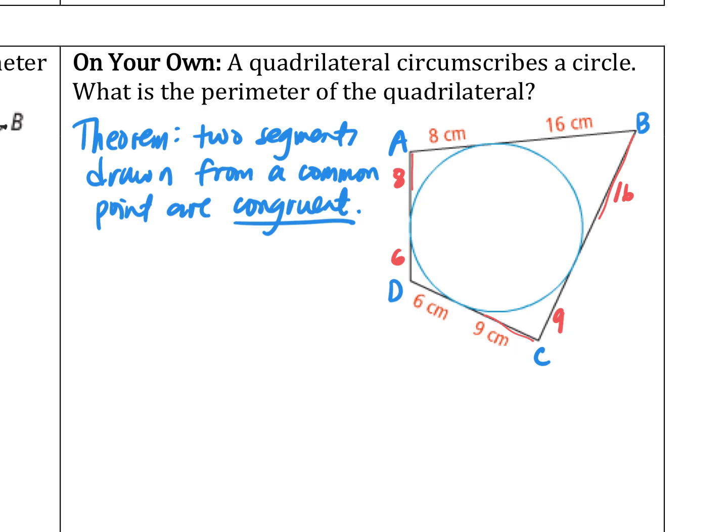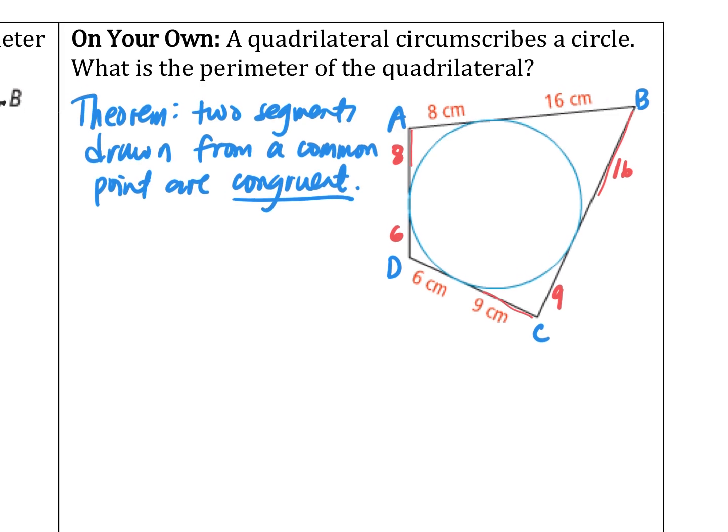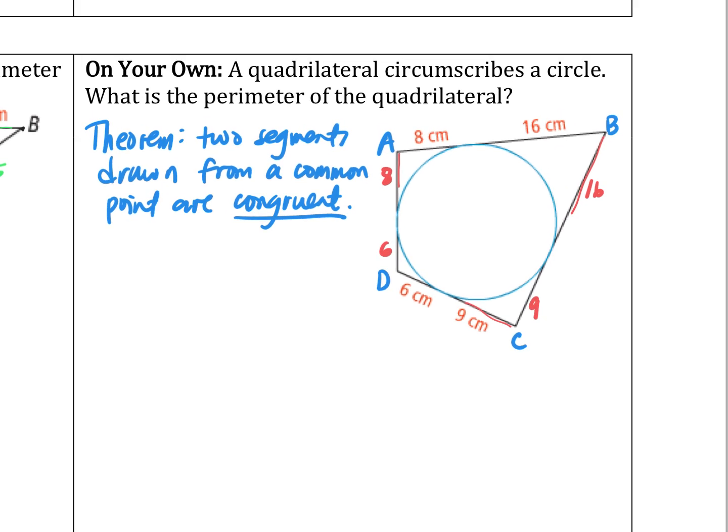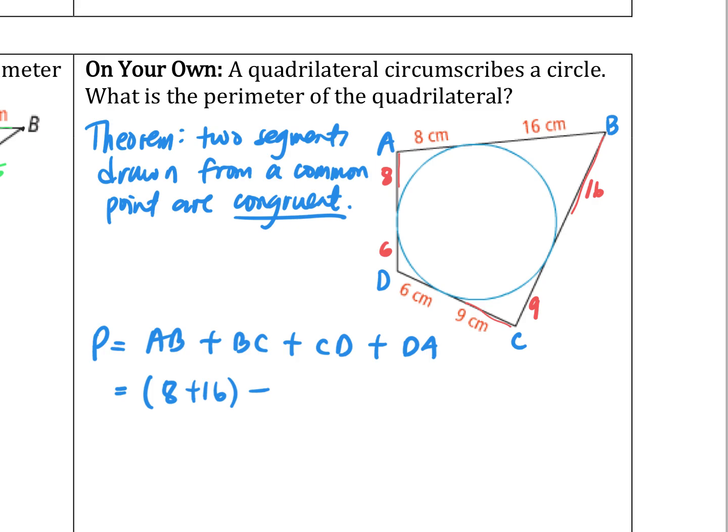So to solve now the problem of the perimeter, which is being asked of us, we're just going to add everything. It means to say that the perimeter now is going to give you AB plus BC plus CD plus DA. Okay, so AB is now going to give you a value of 8 plus 16, plus your BC is going to be 16 plus 9.